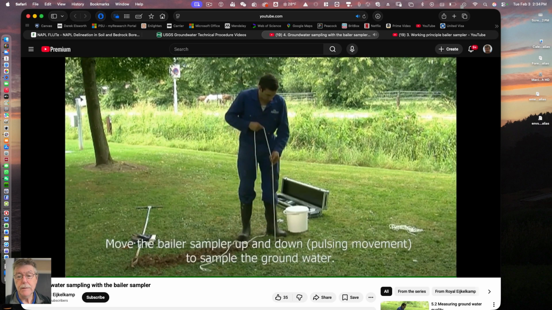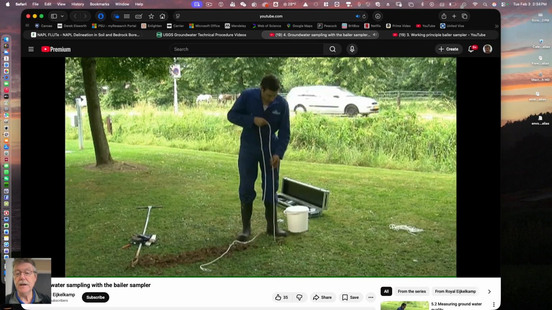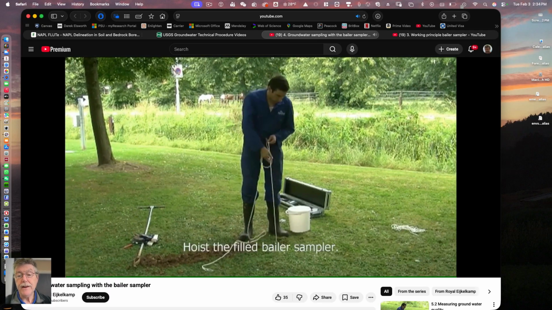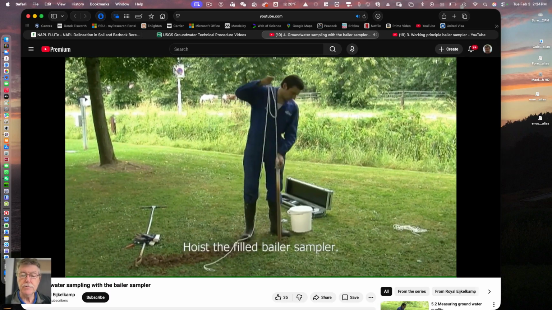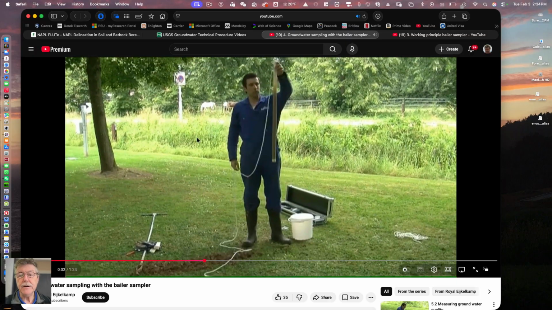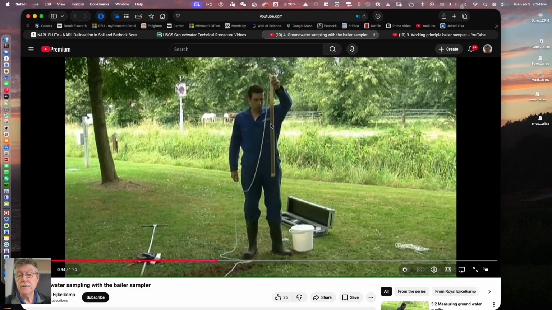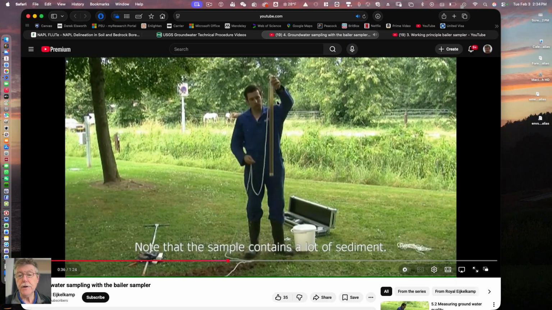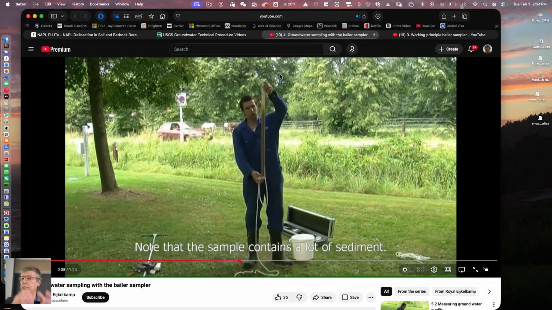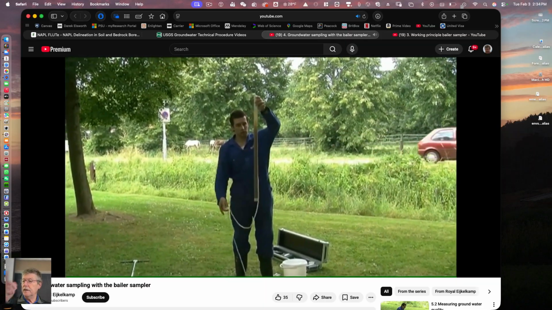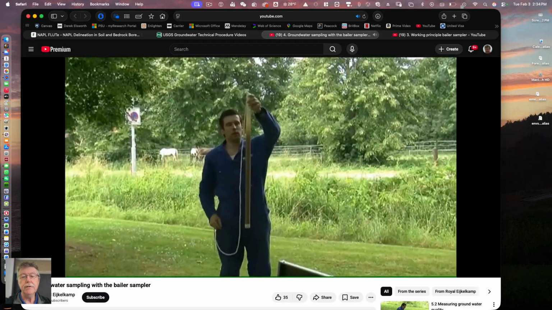which is a bucket which you're putting into the well, but happens to be slim enough to go into the well. The only thing to note, and we'll talk about it in a second, is that it matters how the bailer fills. You could imagine this being sealed at the bottom and then filling at the top by going below the fluid surface and filling by decanting into the top.